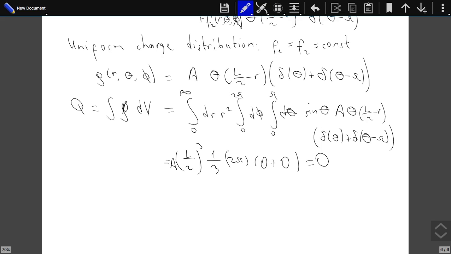In both cases, it's 0. No, it is sine in the volume element. The dV in spherical coordinates is r squared dr d cosine theta, if you like, d phi. What if you take sine outside the integral? How can I do that? It's inside the integral. It depends on the integration. I didn't take it out. I used the Dirac deltas.